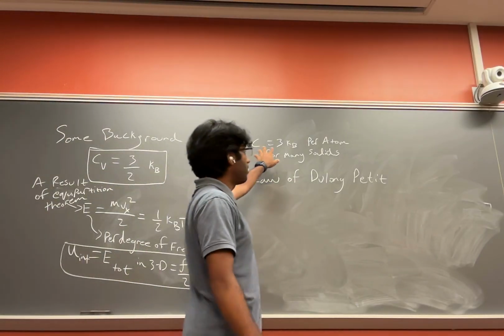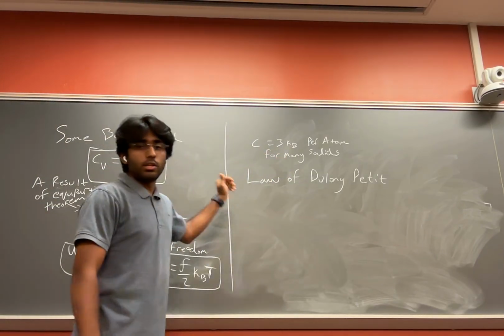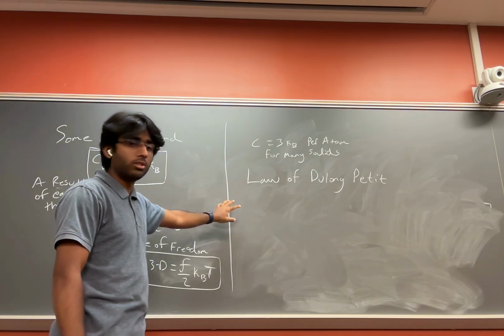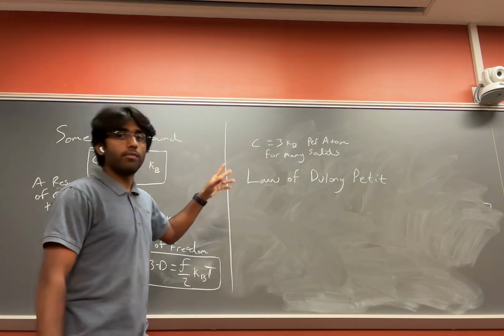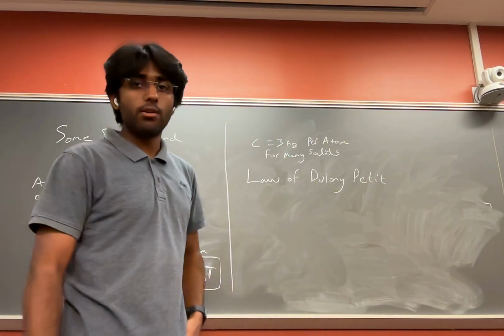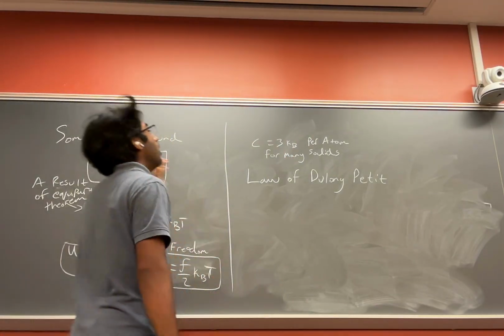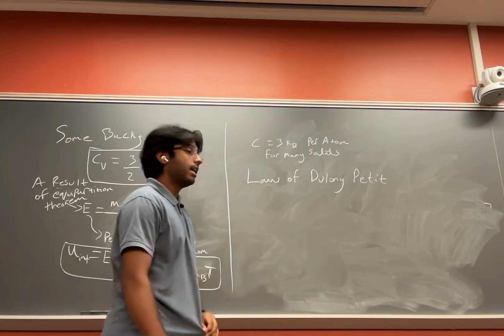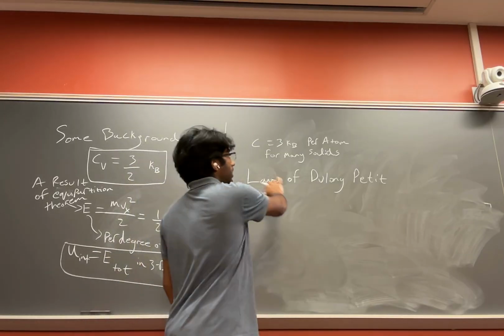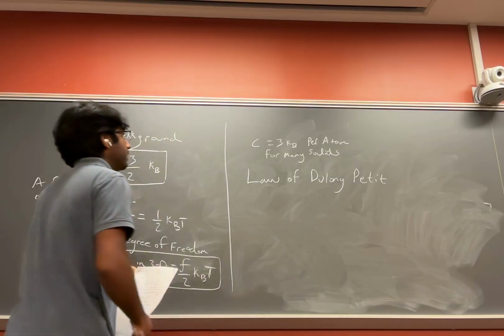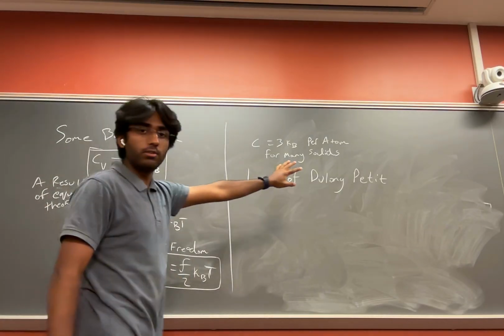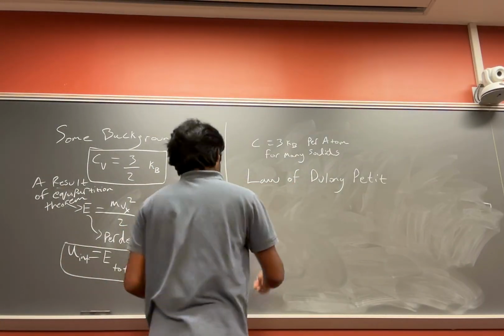So this is an approximation which works extremely well at room temperature. However, it quickly falls off as the temperature starts going down. The Law of Dulong Petit obviously does not hold, and let me just give you an example of a few solids whose heat capacity works really well with the Law of Dulong Petit at room temperature.